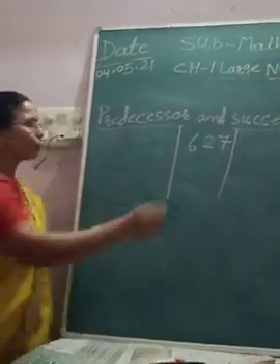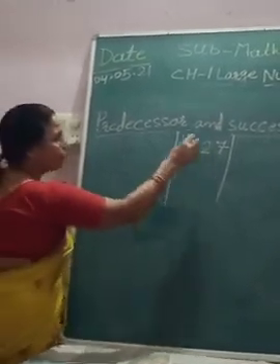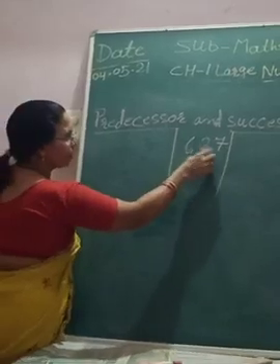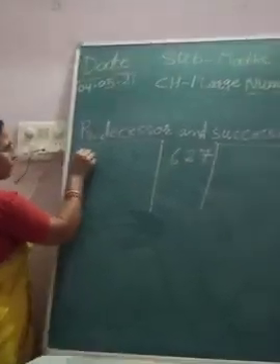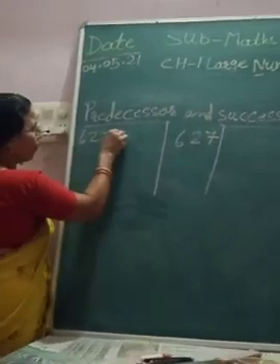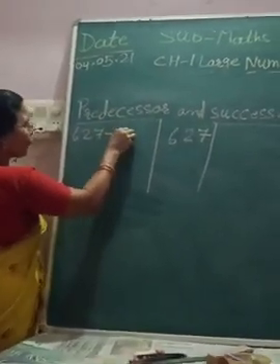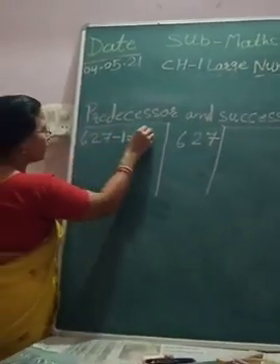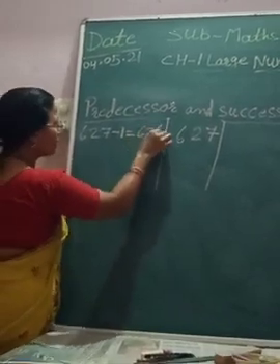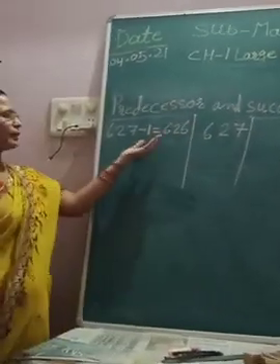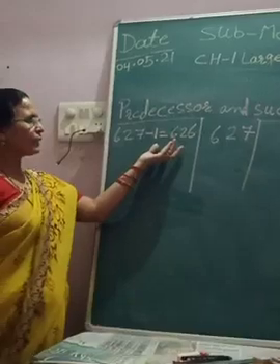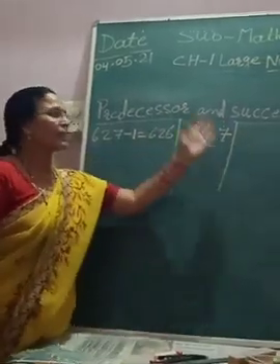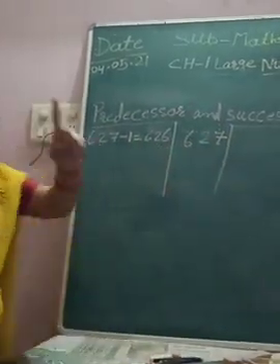Only 1 should be subtracted from this number. So if the number is 627, then 627 minus 1 is equal to 626. Your predecessor will be 626.